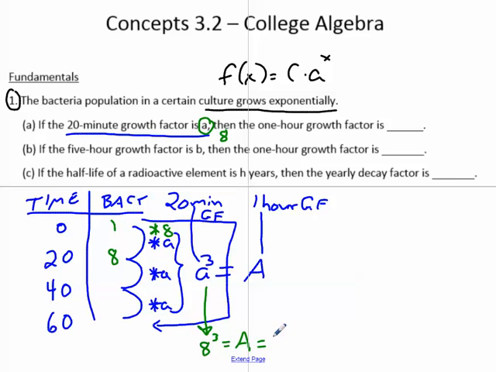Pretty big number. I don't know what that number is, but 8 cubed would go right here as my 1 hour growth factor, and that's how we'd figure a 1 hour growth factor.